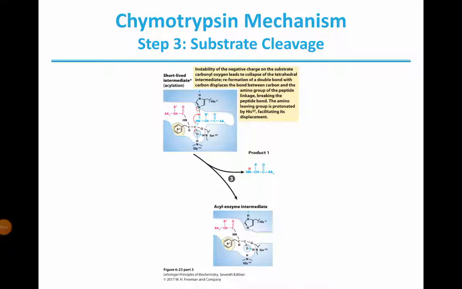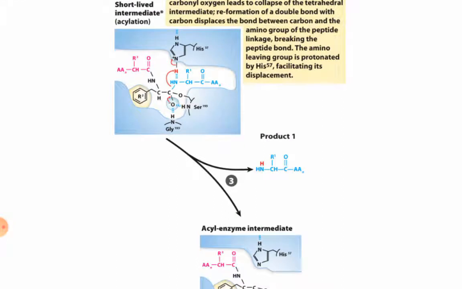The third step is the substrate cleavage. Here, in the short-lived intermediate, the instability of the negative charge on the substrate carbonyl oxygen leads to the collapse of the tetrahedral intermediate and reformation of a double bond with carbon, which displaces the bond between carbon and the amino group of the peptide linkage, breaking the peptide bond.